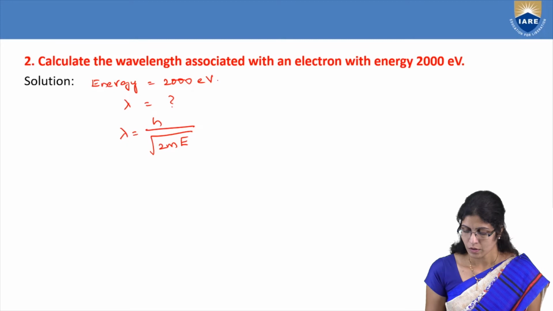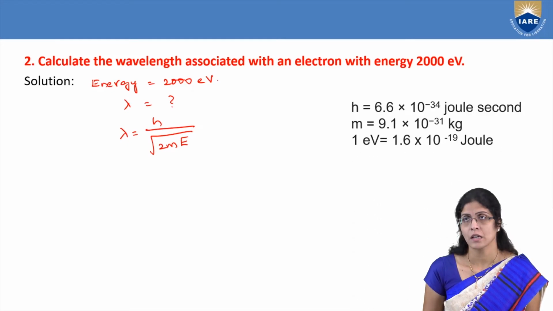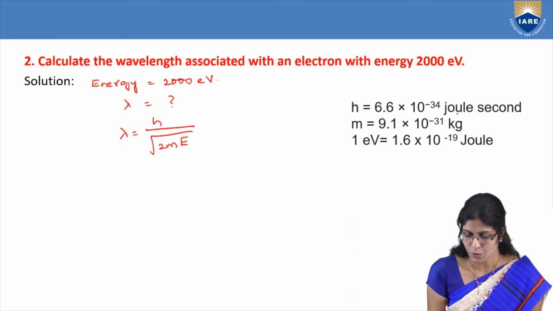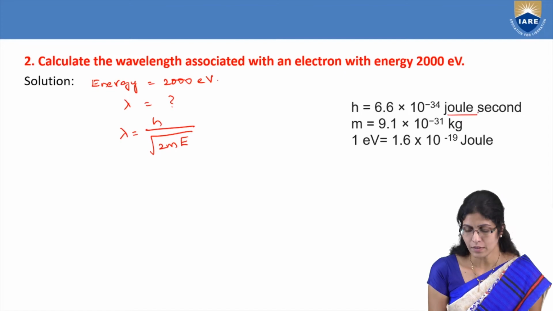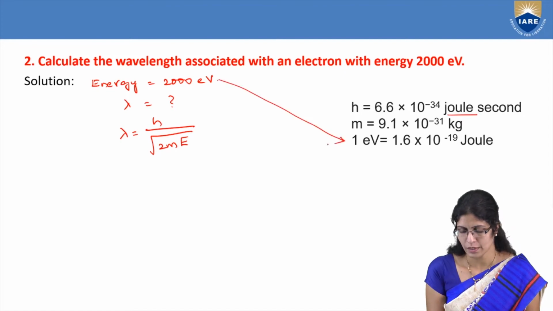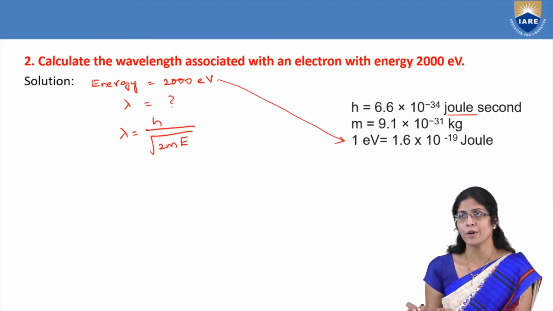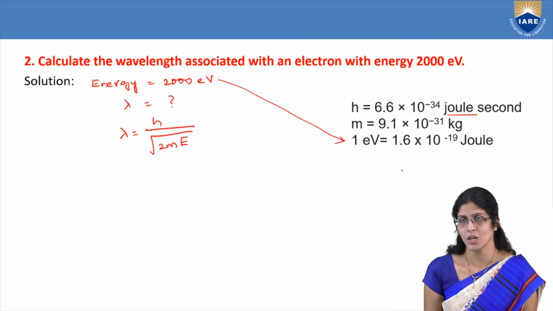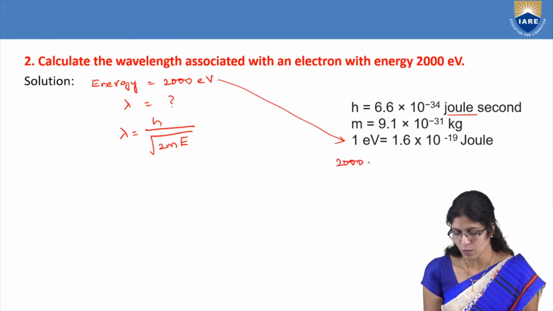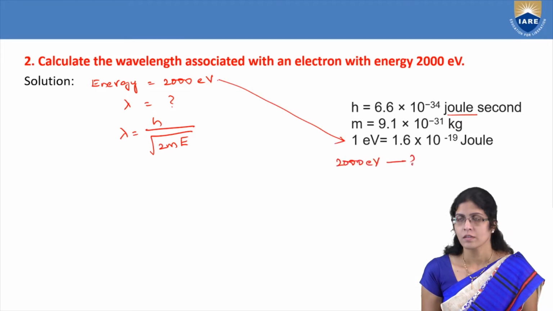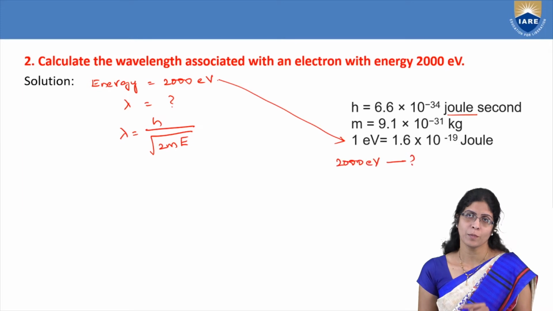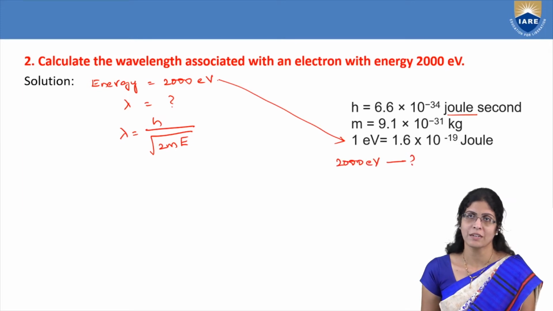Okay, so now you have all these formulae, and h, because it is in joules, convert this electron volt using this relationship. If 1 electron volt is equal to 1.6 into 10 to the power of minus 19 joules, how much will be 2000 electron volt? Many students fall into problems when solving this type of conversion.